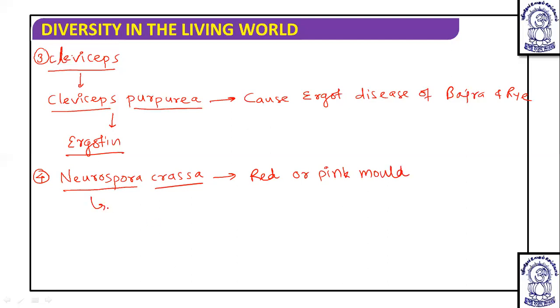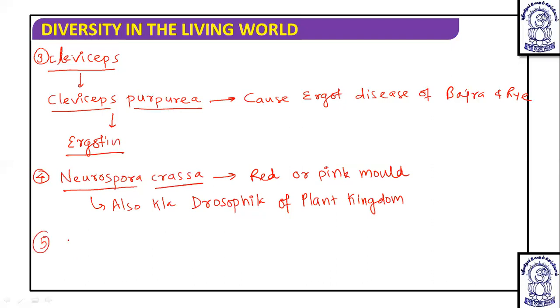And it is also known as the Drosophila of the plant kingdom. Why? Because it is used for the study of genetics and biochemistry in the plant kingdom. So this is one of the examples.